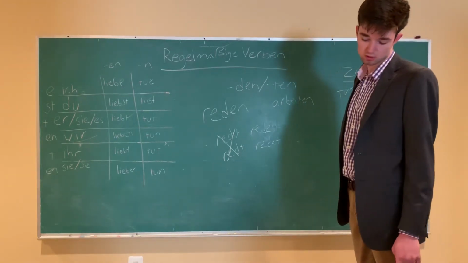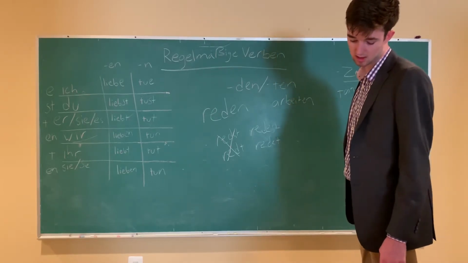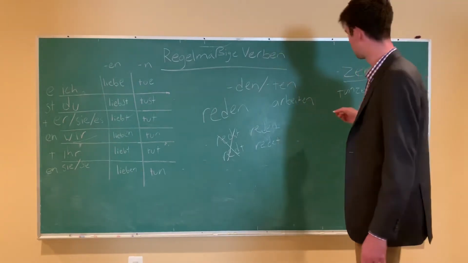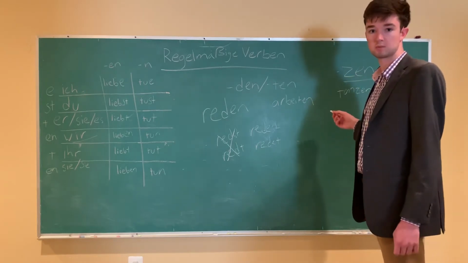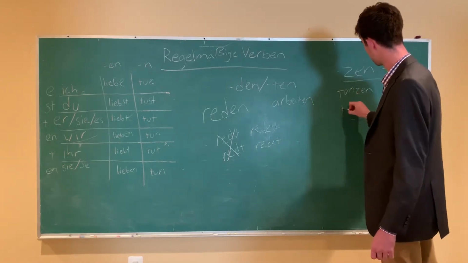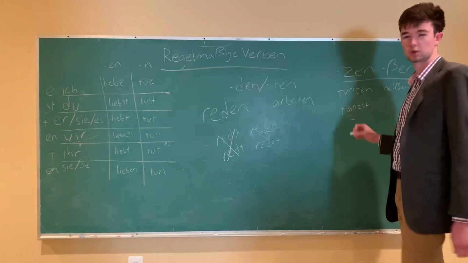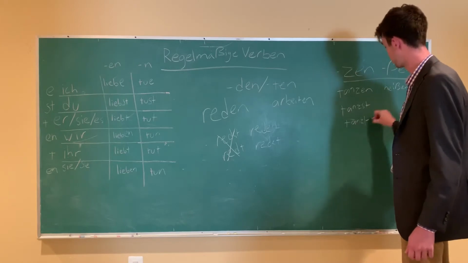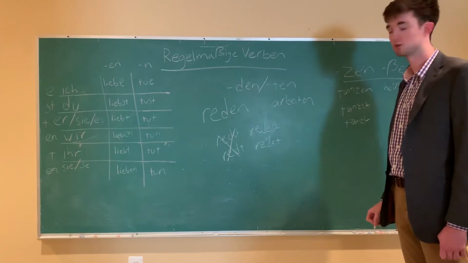So this one will also be found mainly in the du conjugation form. So instead of saying du tanzst, they just shorten it to du tanzt. Take out the s. Same sound, just a bit easier to spell and a bit easier to pronounce.